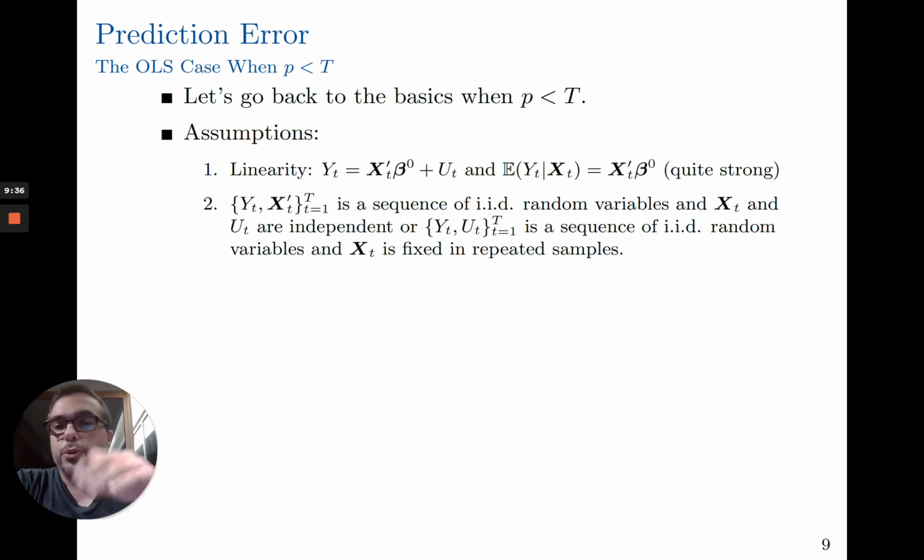We can either assume that y and x form a sequence of IID random variables, okay? And x and u are independent, okay? Or y and u is a sequence of IID random variables, and x is fixed in repeated samples, okay?